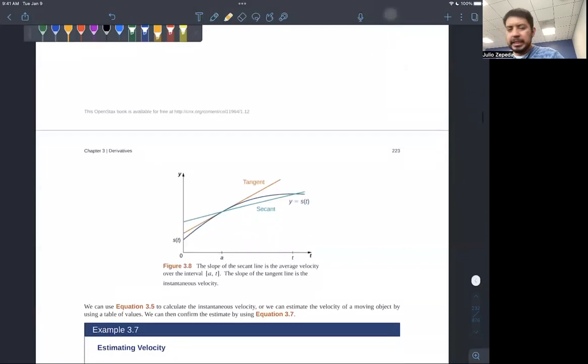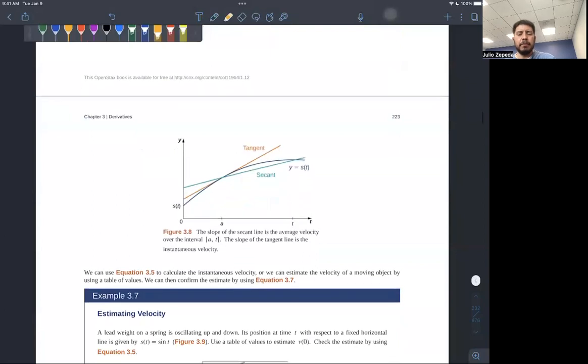And so you can see the exact same idea here, just put in a position velocity context. The position of this object is changing, and we have an average velocity over these two points from a to t, and that slope tells us the average velocity over that time interval.